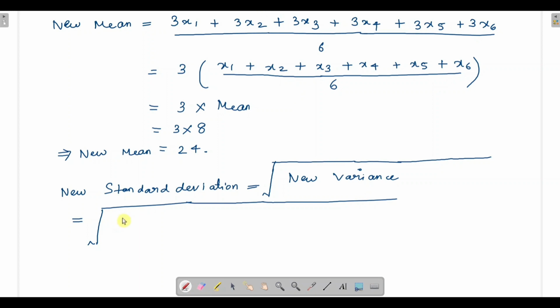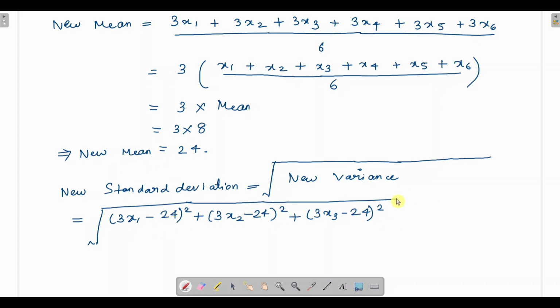That is (3x1 minus the new mean, that is 24) the whole square, this is the first term here, then plus (3x2 minus 24) the whole square. Similarly plus (3x3 minus 24) the whole square. So I am writing 3x1, that is the new observation, minus the mean of the new observations, that is 24.